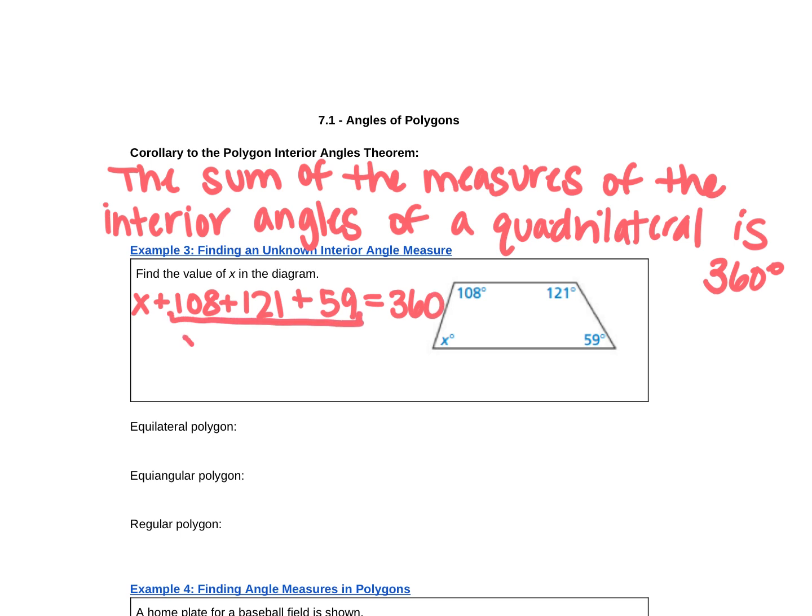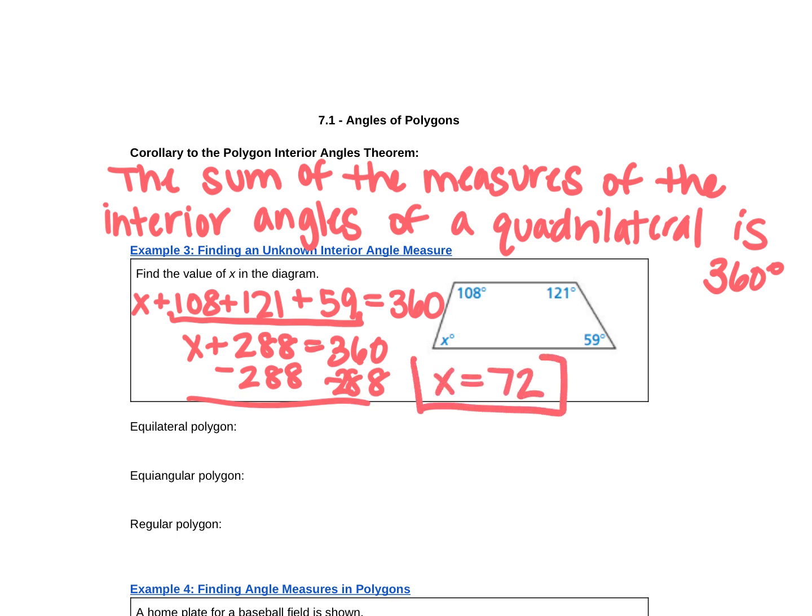So when we add those together, we would get 288. And then we're just solving. So we get x is equal to 72. So it says find the value of x in the diagram. It doesn't really say find the missing measure. It is the missing measure, but you would just say x is 72. You don't necessarily have to put degrees in that one because we're answering the question.